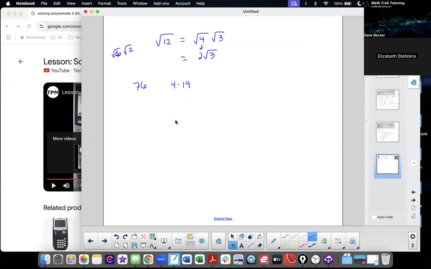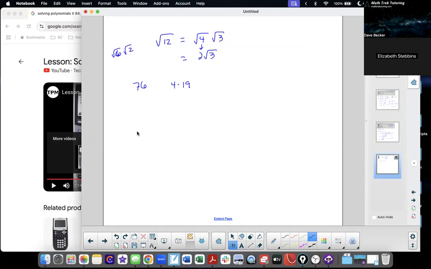Right. Okay. Now you want to get the biggest perfect square. This one is fine with 4 and 19. Okay. So you want to try the next one, like 76 divided by 9, and it comes out as a decimal, right? Mm-hmm.